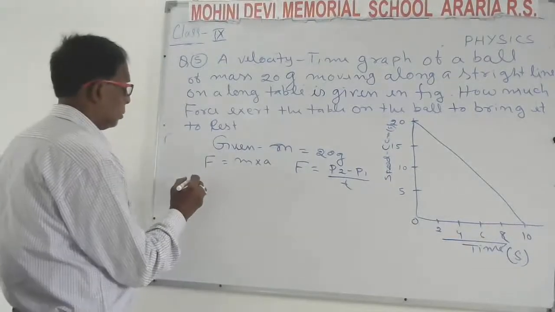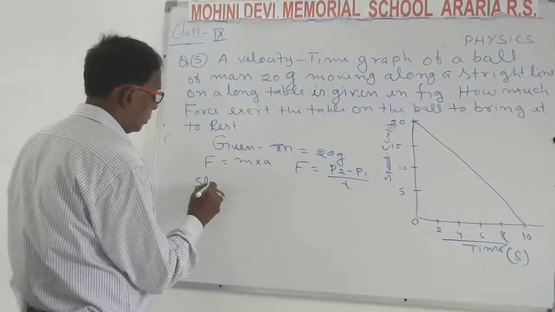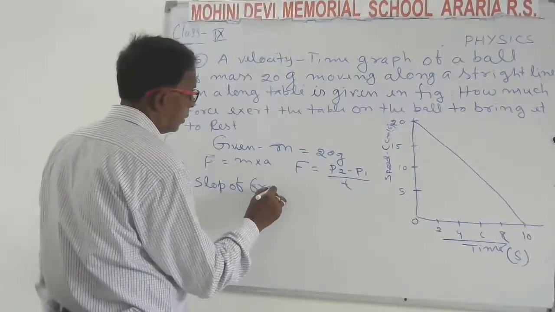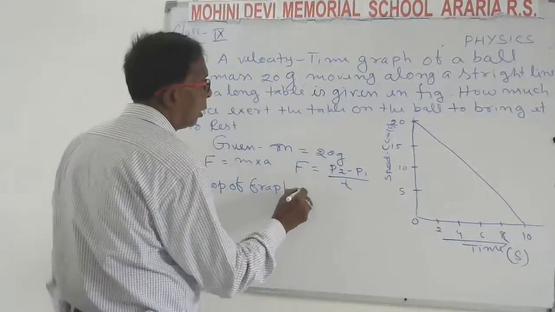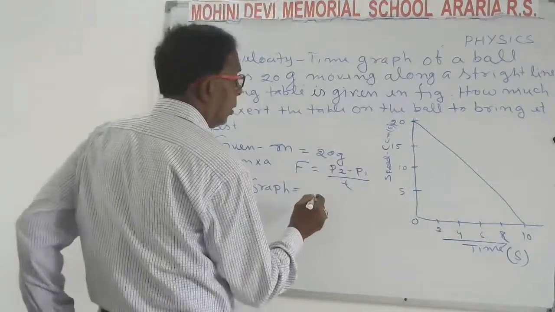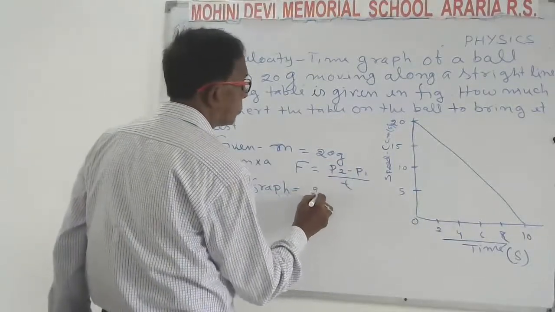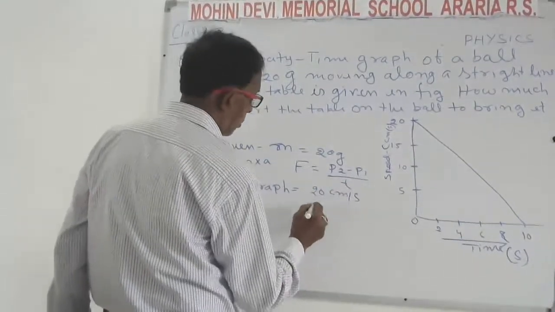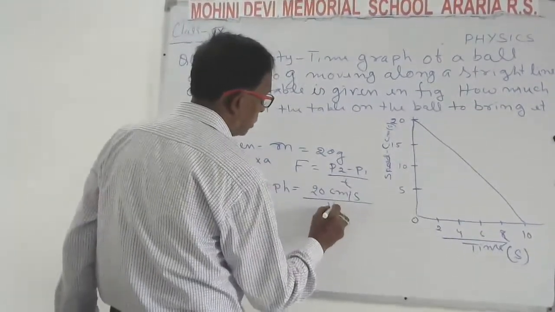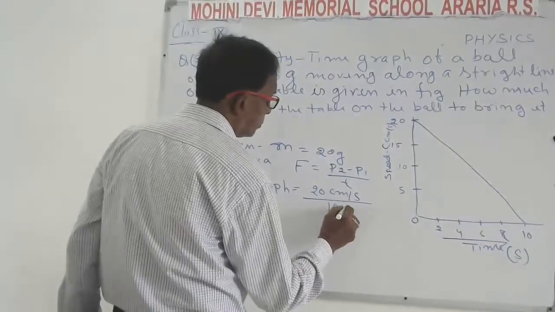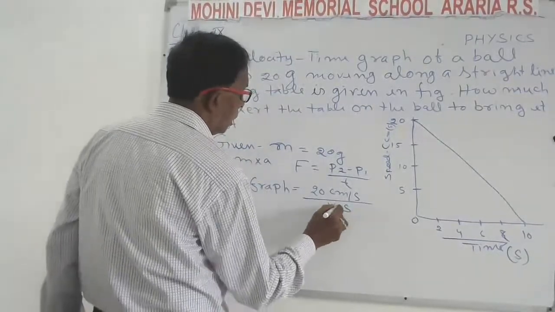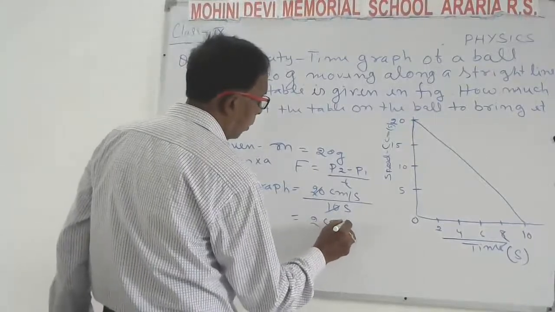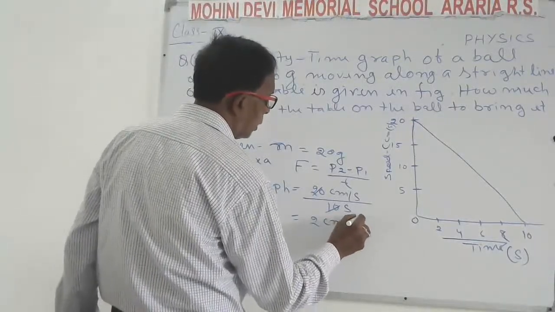So the slope of graph is equal to 20 centimeter per second by time 10 seconds. It means 2 centimeter per second square.